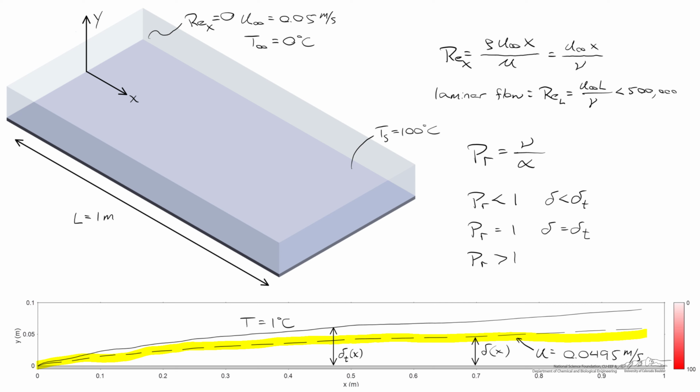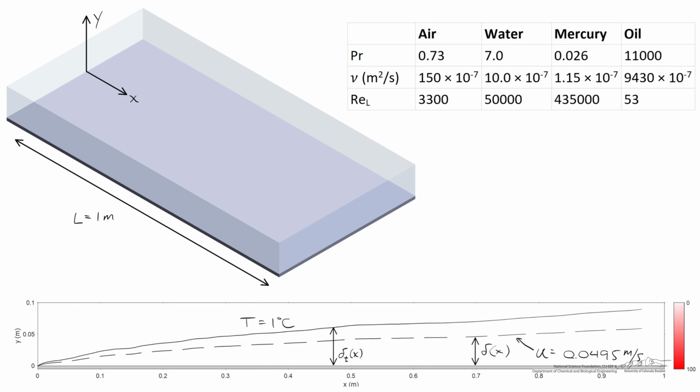And for Prandtl numbers greater than 1, the momentum boundary layer is thicker than the thermal boundary layer. We'll also find that the thickness of the momentum boundary layer is a strong function of the Reynolds number, such that a very large Reynolds number will result in a thin momentum boundary layer, so a small value of delta. A large Reynolds number would be, in our case, a fluid with a small viscosity.